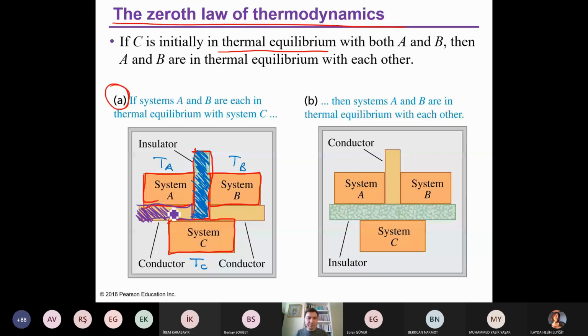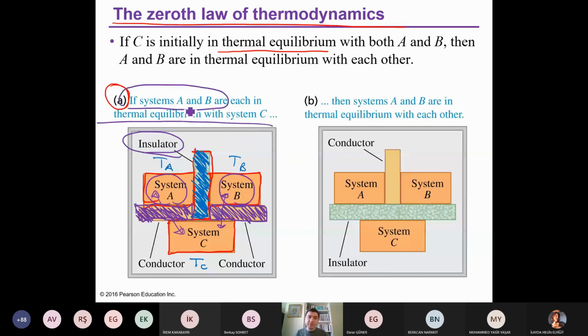So this system A and C can interact thermally very well, because here we have thermal conductor, and between system B and system C, there is also a thermal conductor. So heat transfer can happen easily between B and C systems, also between A and C systems, but between A and B, we have a thermal insulator, and heat transfer is blocked, you can say.